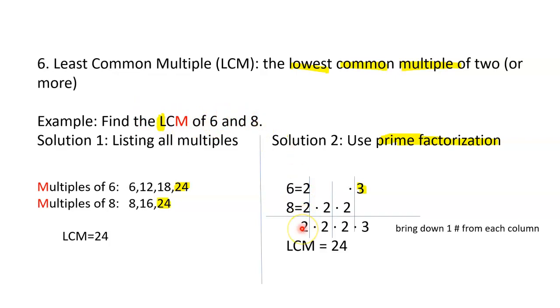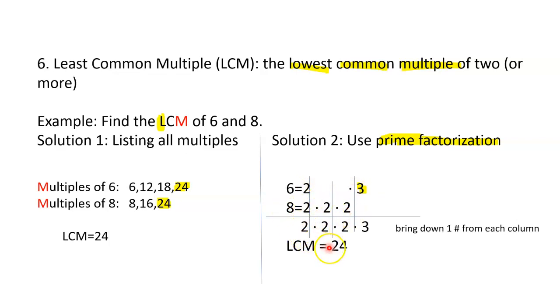But it might be a little difficult. Some of you might be able to see 24 immediately. But for big numbers, it's actually going to be difficult to see. So the idea is we can break down both numbers to see what each of them contain. For example, 6 contains 2 and 3. 8 contains 2, 2, 2, right?